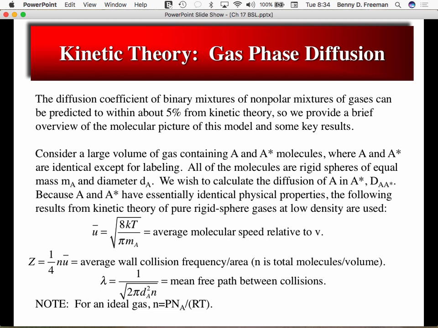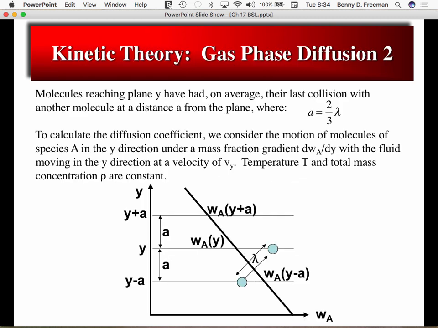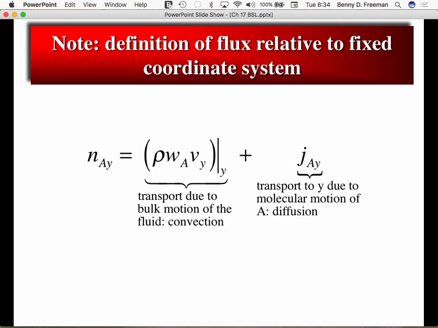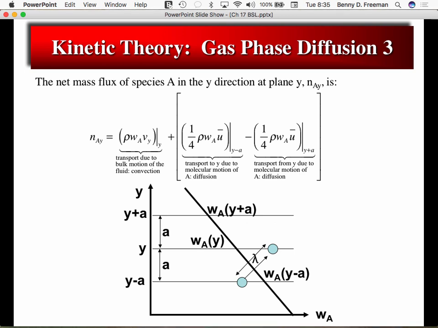The factor of 1/4 comes from essentially the average wall collision frequency. What you imagine is that, coming to Y, these gas molecules essentially, quote unquote, collide with this virtual plane at Y. The number of those coming from below is given by 1/4 rho W sub A times the average velocity evaluated here, and the number that are going away from this plane Y is given by a similar expression.